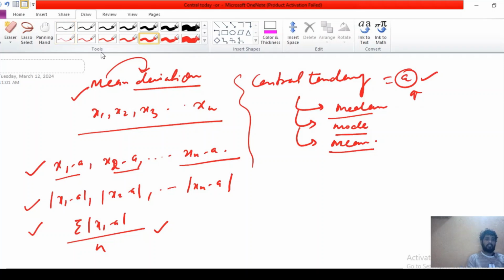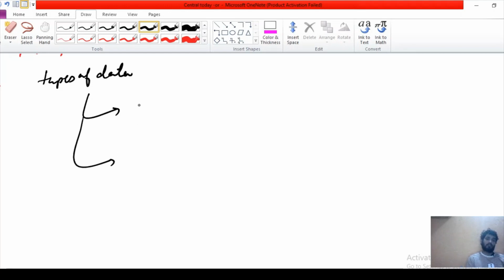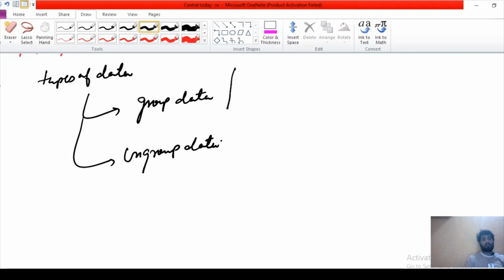One more thing, and that is the types of data. Basically we have two types of data. First one is grouped data, and second one is ungrouped data, right? In grouped data we have another two parts.